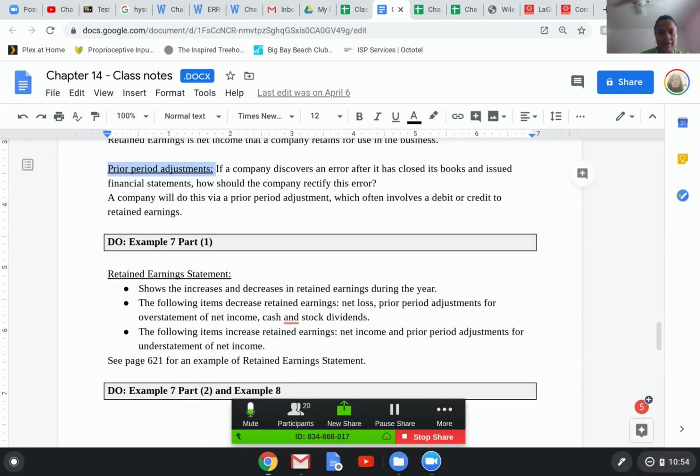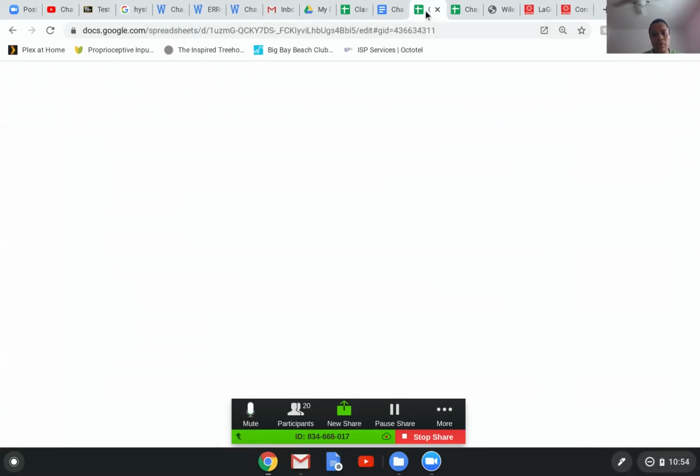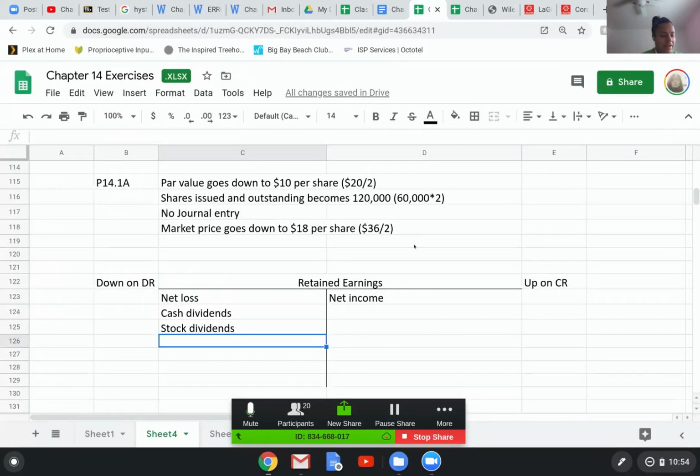What if we need to fix that, right? We can't go back and change net income itself because it was already closed off to retained earnings, which means that any adjustment that we need to make for a prior period error is going to be made in the retained earnings account. All right.